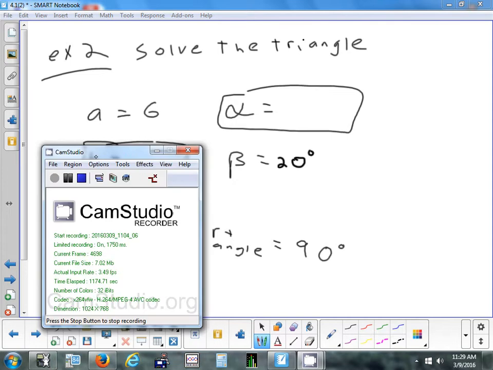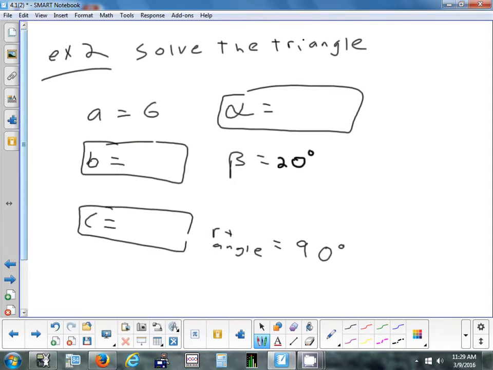All right. So what can we get first here without too much work? Well, Carter, what can we get first here? Think about what we got first in the last problem.